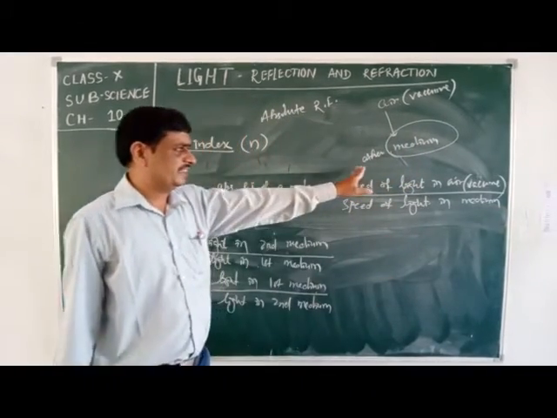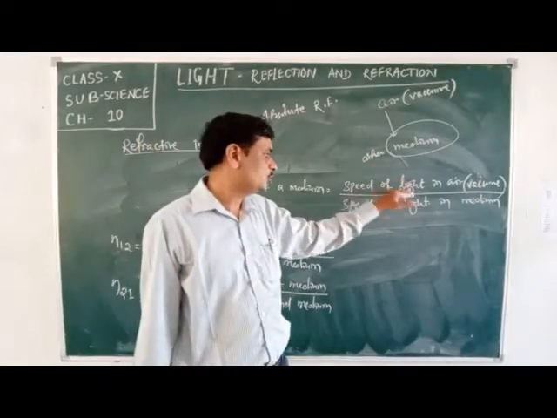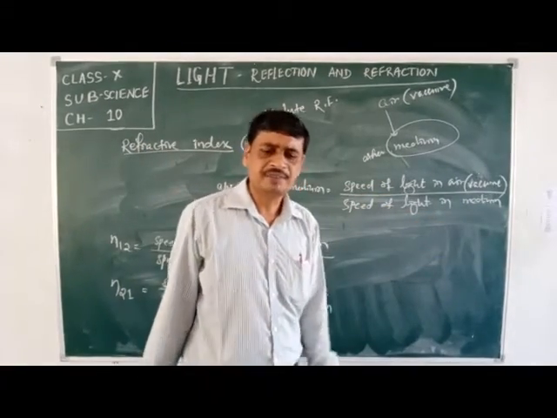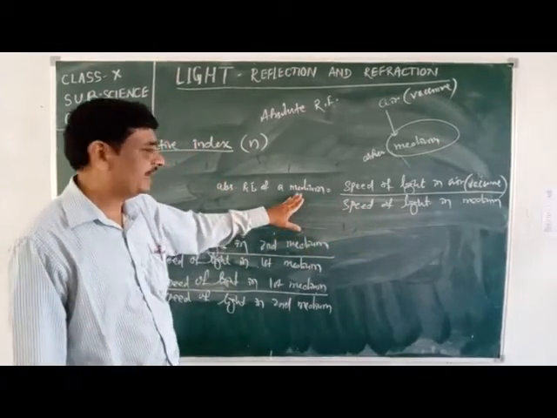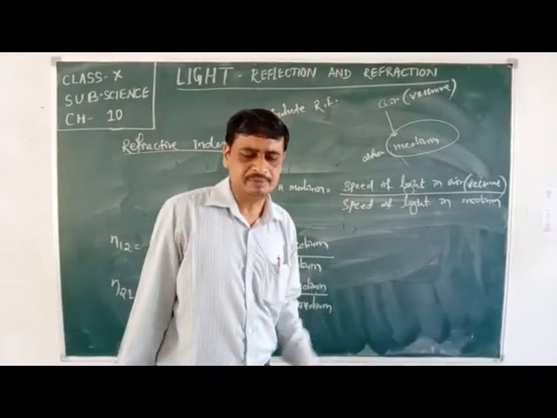The speed of light in air or vacuum to the speed of light in the medium. For the medium which is considered here, we can find the absolute refractive index of that medium.